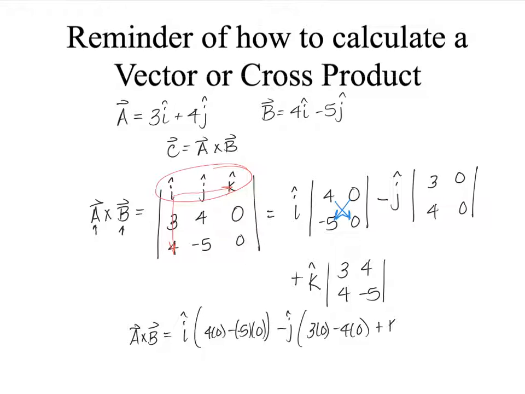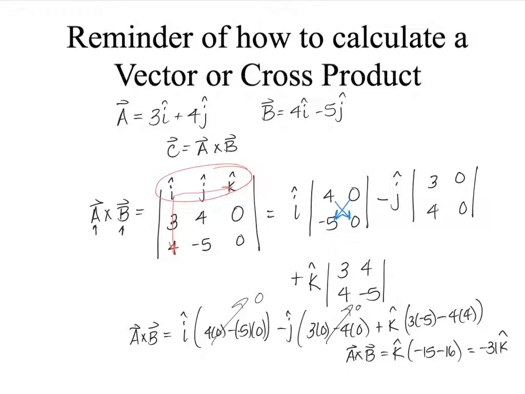And then for the k term, we get 3 times -5 minus 4 times 4. So, what's going to happen is, of course, these two terms are 0. We're going to talk about why we should expect that. And A cross B is going to be in the k direction. It's going to be equal to -15 - 16. So that's going to be minus 31.